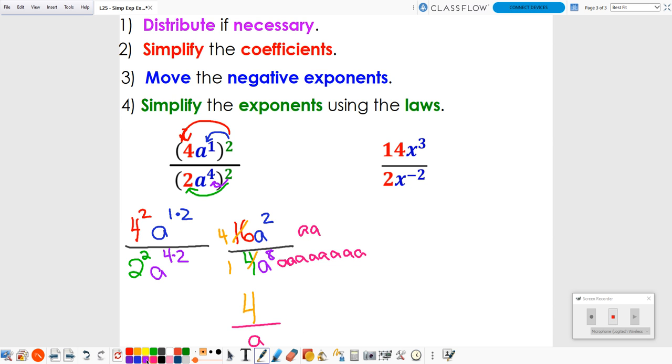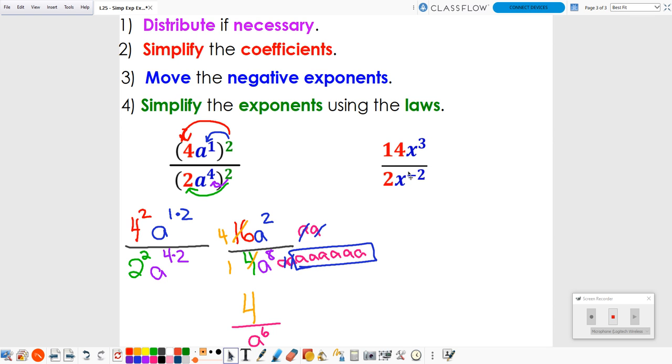If I were to cancel these out, these two cancel out, these two cancel out, I'm left with 6 a's that are down here on the bottom. So I have more on the bottom, 6 more. So this is what my answer to that problem is. I know it looks weird, but we're just following our rules.